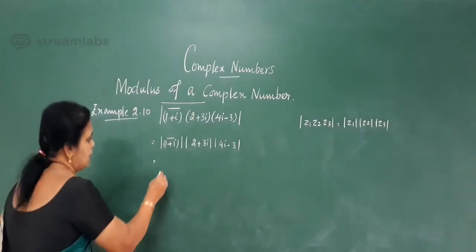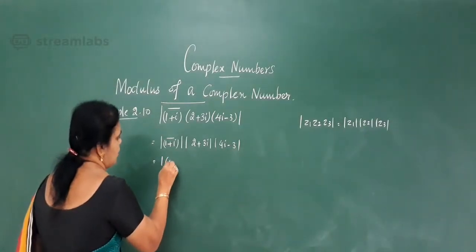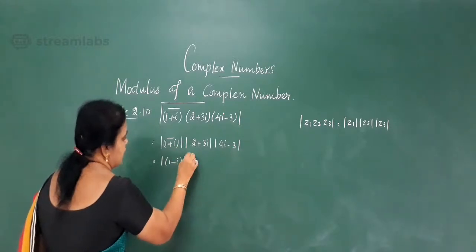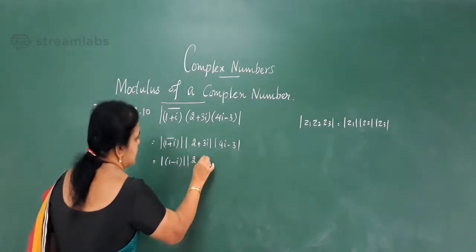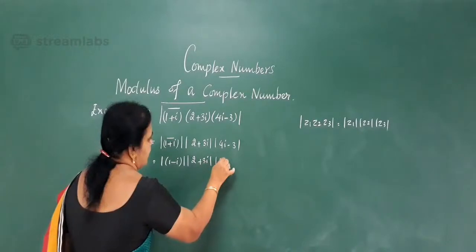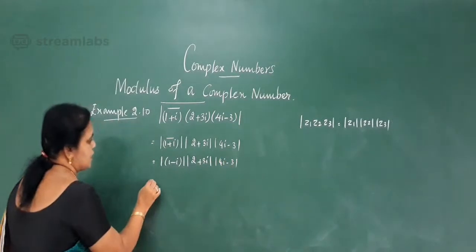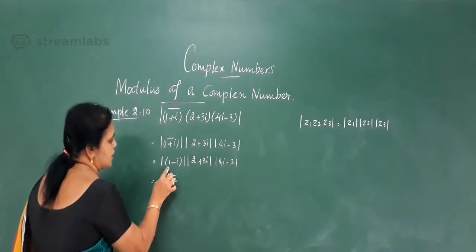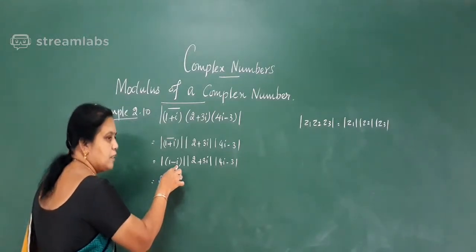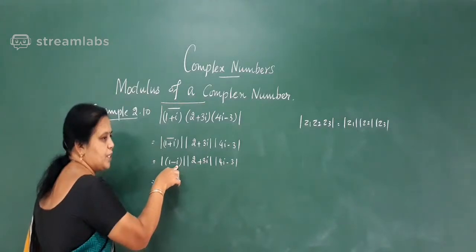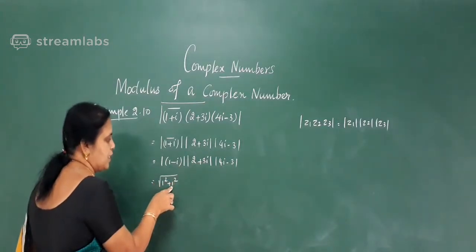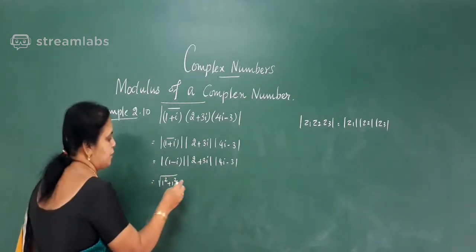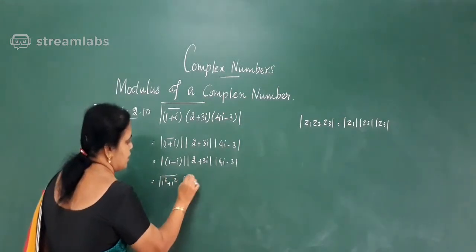For this, see, 1 minus i will come up if you are finding the conjugate. Then 2 plus 3i, 4i minus 3. You just find the modulus separately. Root of 1 square plus 1 square. See here, 1 square. Here there is no coefficient, so we are considering it 1. Whatever the sign is there, we just put plus.